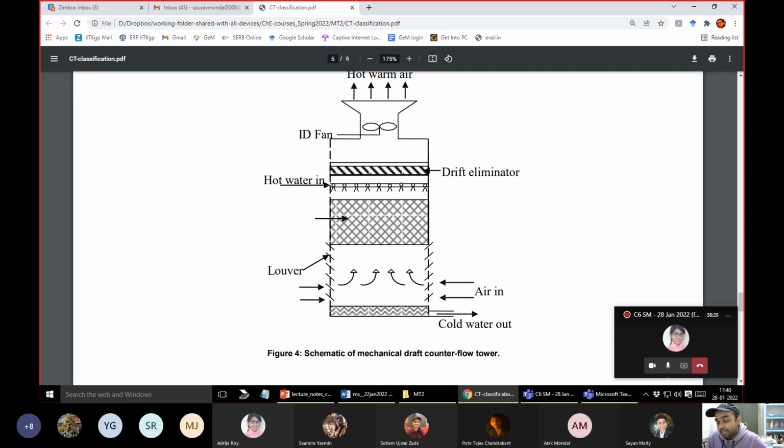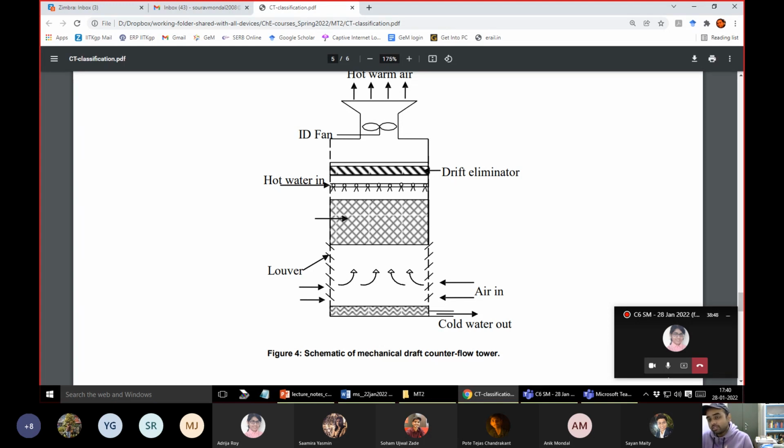And another big advantage is that in really big units, this fan will be placed at the bottom, whether you are going for cross flow or counter flow types. The fan is a really heavy unit, like a blower, so placed at the bottom it will cause very little vibration to the overall structure. Whereas in induced draft, it is placed at the top of the unit.